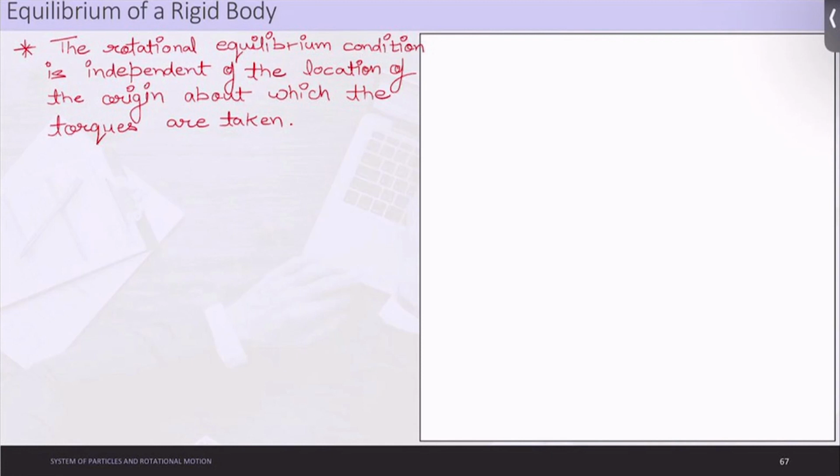Now let me first make you understand another concept, which is called a couple. So what is basically a couple?